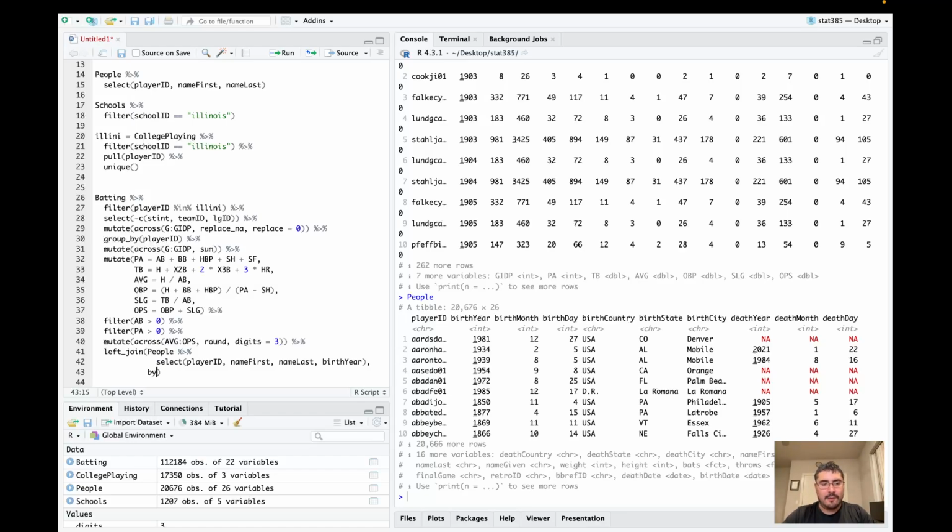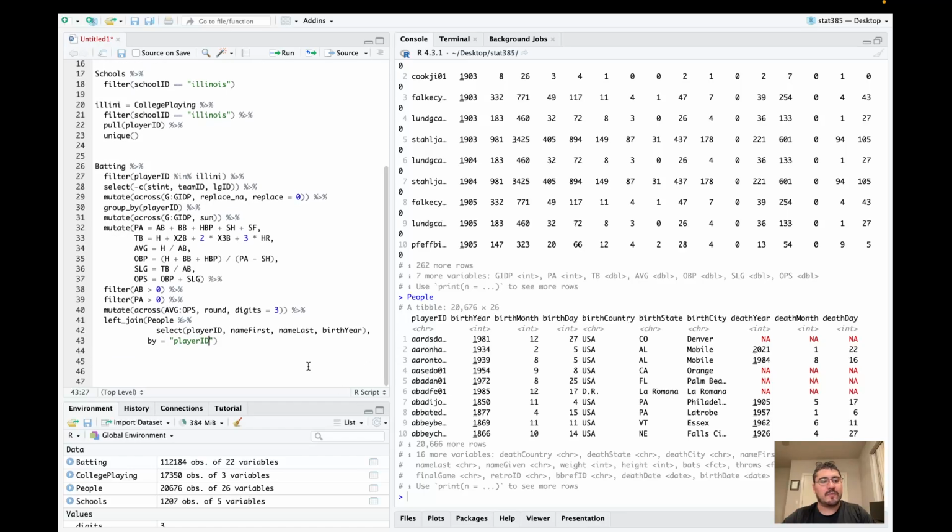Yeah, I want to do the joining by player ID. It will figure this out automatically, but I think it's always good practice to specify it directly. That's what I would recommend. That's what I do. The reason I do that is because I have done enough exercises where I've gotten lost, and it's a net time saver to spend the extra time to type it out.